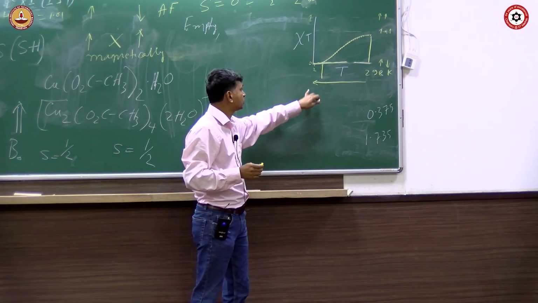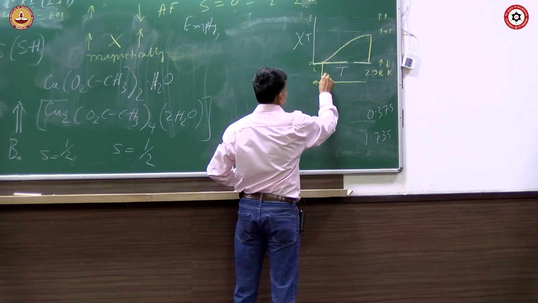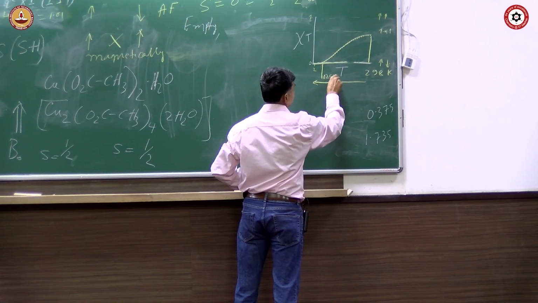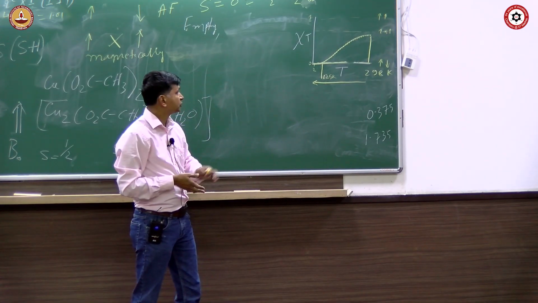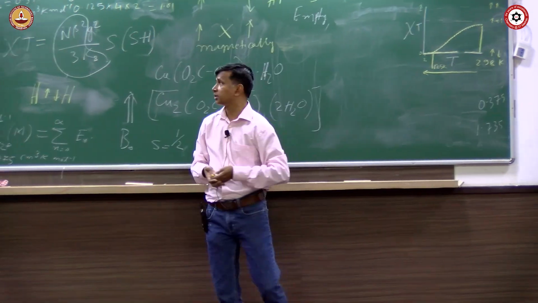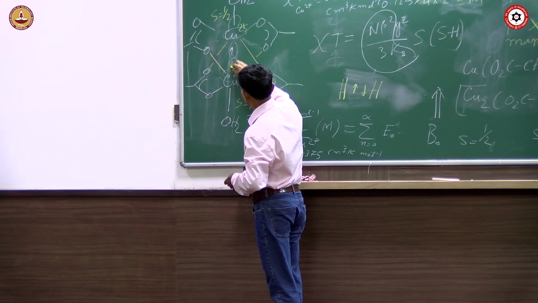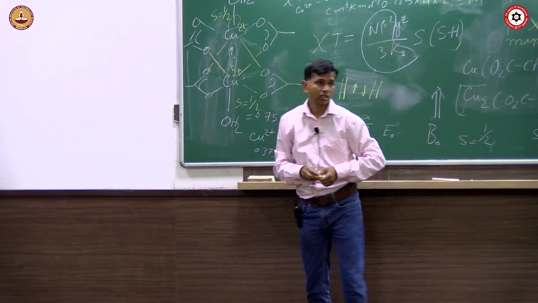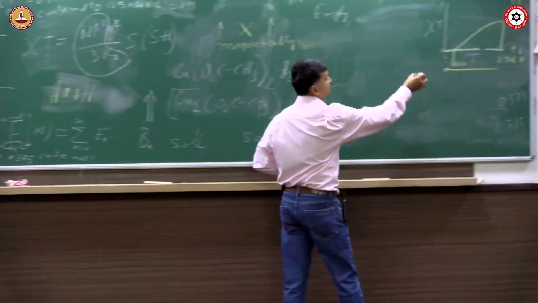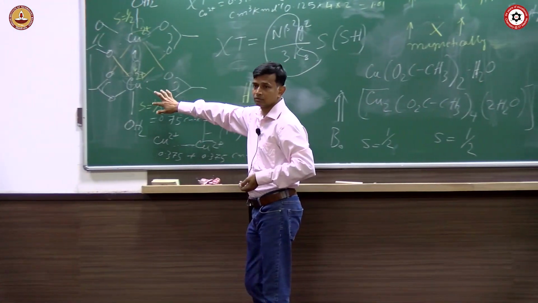Our machine can go to 2 Kelvin, so I put it here. Now suppose this is 125 Kelvin. At 125 Kelvin, all molecules are arranged in this state: one is up spin, another is down spin. So below this temperature, from here to here, whatever you do, all molecules are in this state.